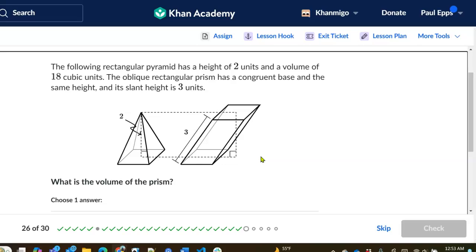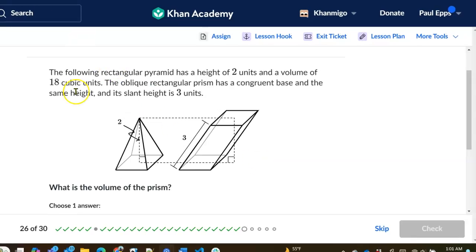The following rectangular pyramid has a height of 2 units and a volume of 18 cubic units. The oblique rectangular prism has a congruent base and the same height, and the slant height is 3 units. What is the volume of the prism? All right, so we have to back into the area of the base.